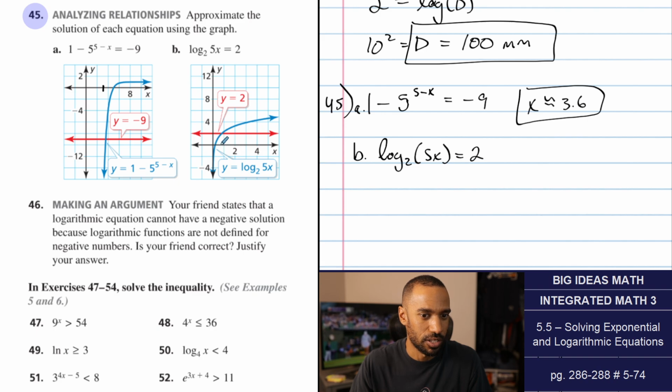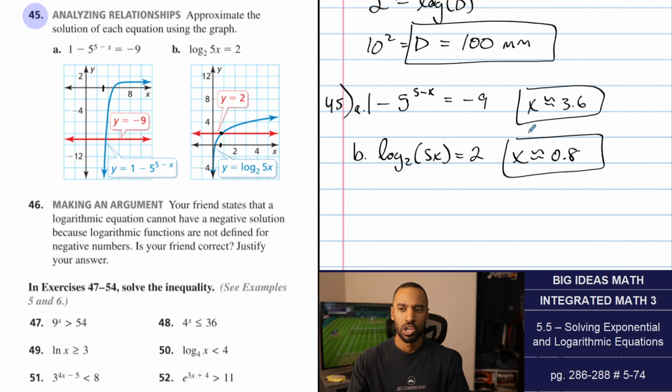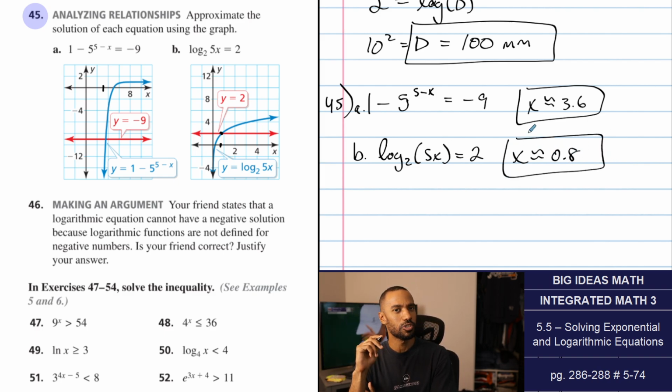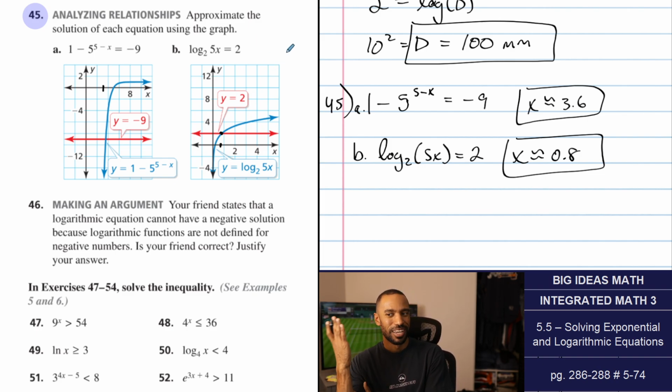This is increments of 1, so that's 1 and so on. And when you see that part where it crosses, I'd say that's about 80% of the way from 0 to 1. So I'd say x is around 0.8. No reason to think that, just around 0.8. Yeah, in my head, I automatically went to 2 squared equals 5x. So divide 4 by 5 and you get 0.8. So that one, I kind of cheat on my own.